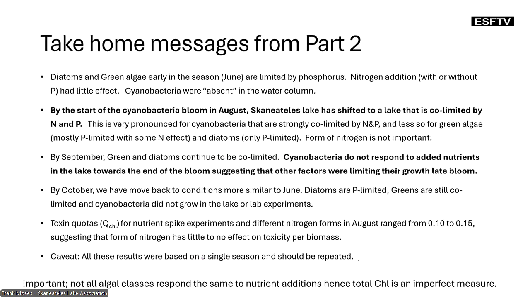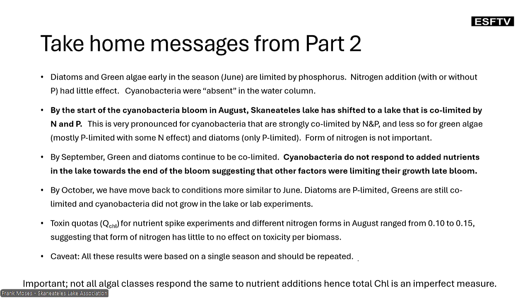All right, so here are our take-home messages from that second part. Diatoms and green algae, early in the season, were limited by phosphorus. Nitrogen addition with and without phosphorus had little effect. Cyanobacteria just aren't there, so we don't have to worry about them. As we move into August, Skinny Atlas Lake shifts from a phosphorus-limited lake to a co-limited lake.